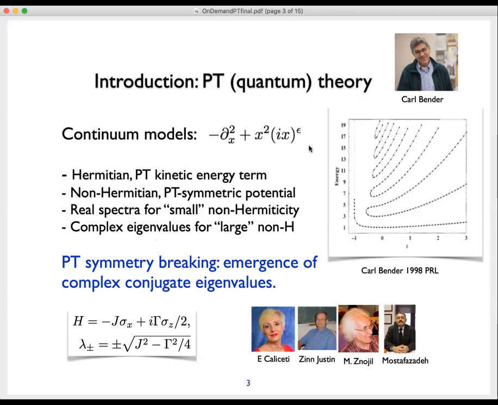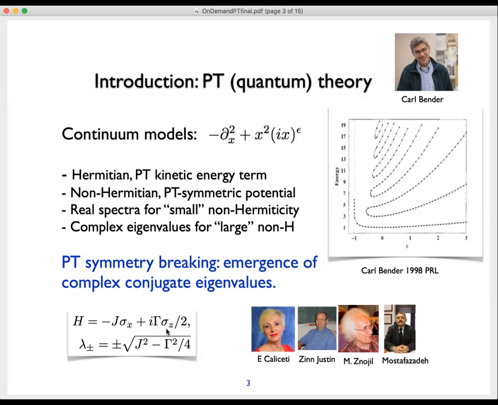And if you do not like differential equations, if you are more comfortable with simple algebra, as many of the high school and undergraduate students are, then you can get many of these key features from just considering a simple 2x2 matrix model, which is given here. The Hamiltonian is just a J sigma X term, which is familiar.